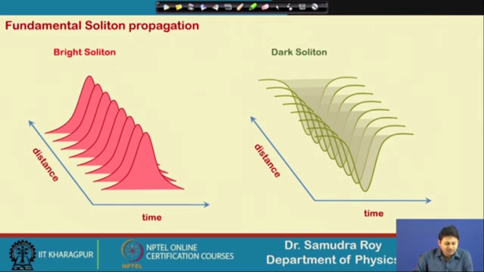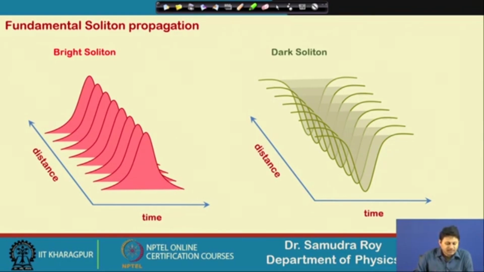For bright soliton in time domain, the distribution remains conserved and it moves along the distance. In the same way, for dark soliton also, one can have a pulse shape and it will move throughout the distance, and it will look something like this. This is a schematic diagram. If you do a numerical solution, you will get exactly the same results.